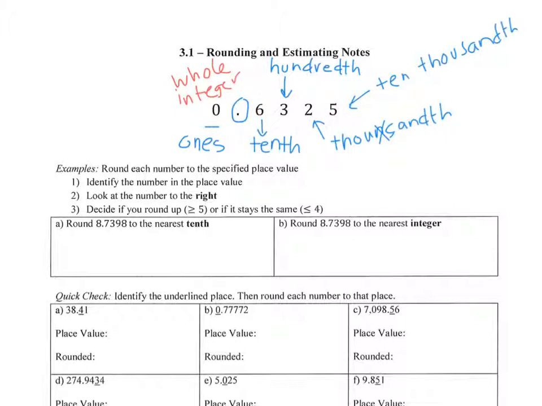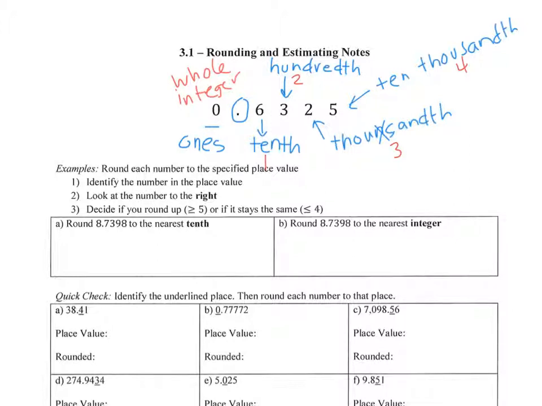If it says round to the tenth, you only want one decimal. If it says round to the nearest hundredth, you want 2 decimals. If it says round to the nearest thousandth, you want 3 decimals. And if it's round to the nearest 10,000th, you want 4 decimals.